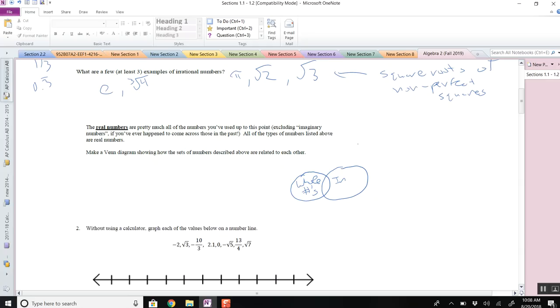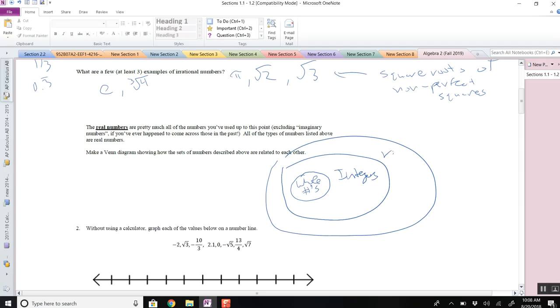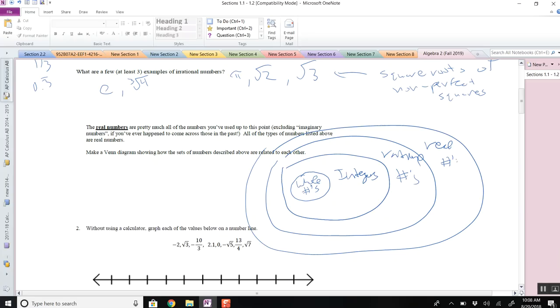Actually, I should probably redraw that. There we go. That was pretty bad. All the whole numbers are in the set of integers, and then all the integers are in the set of rational numbers, and all the whole numbers, integers, and rational numbers are part of the real numbers. It's basically a building up process, if you want to think of it that way.